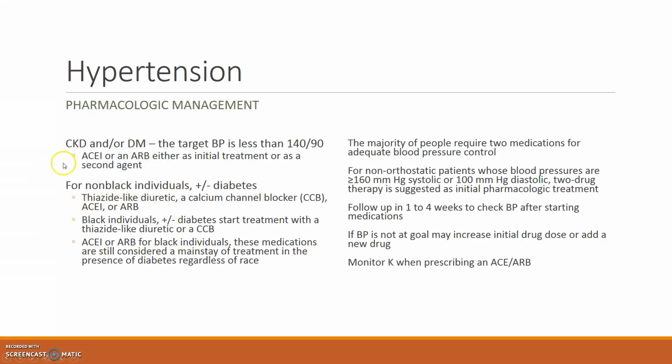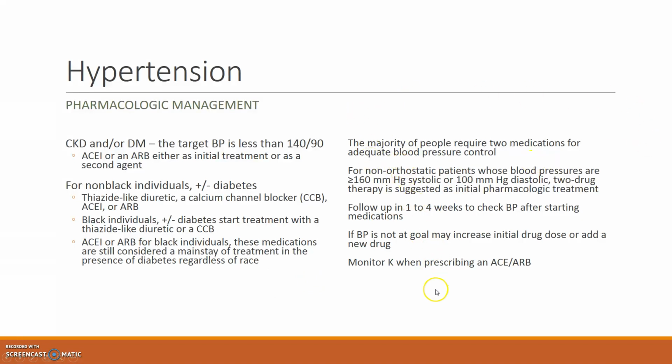I just put in this synopsis: thiazide-like diuretic, a calcium channel blocker, ACE or ARB, and then for our African American patients, thiazide-like diuretic or calcium channel blocker, ACE or ARB for black individuals. These meds are still considered a mainstay of treatment in the presence of diabetes, regardless of race.